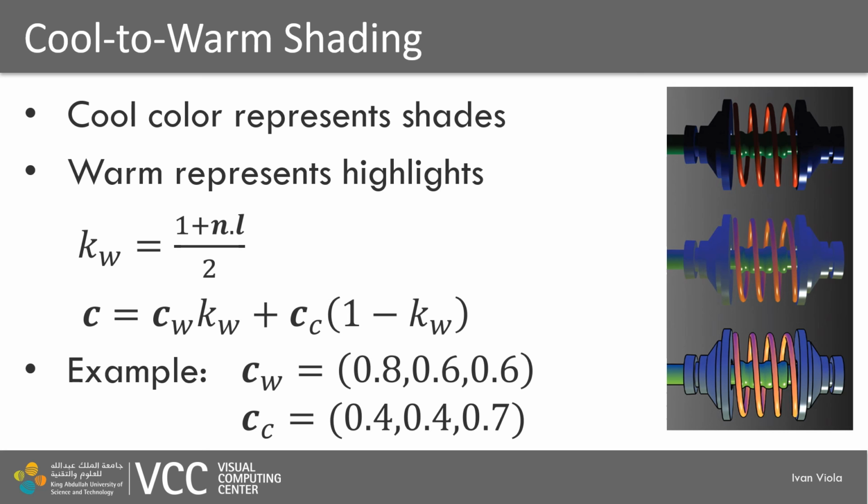You can often see that objects which are in the shadow or are darker will have more of a bluish tone, and objects which are more exposed to the light source will have more warm tones, let's say yellow or orange.